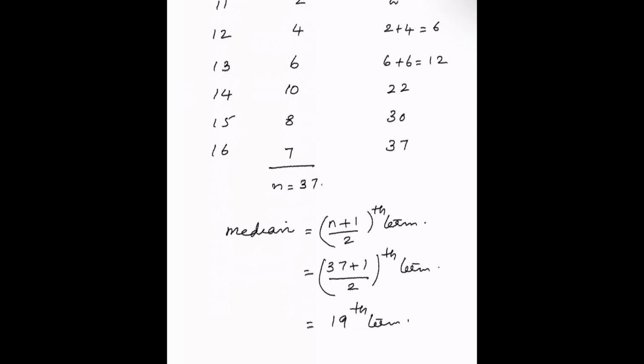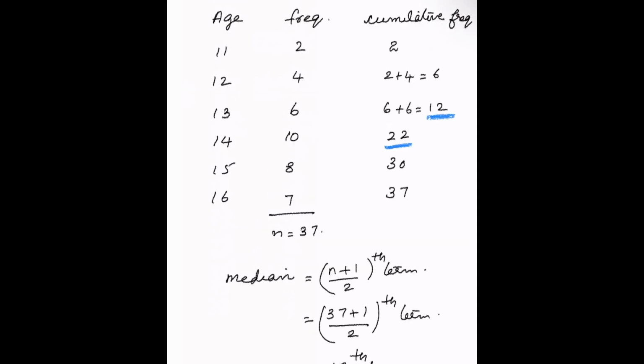So where does the 19th term lie? Up to 12, what is the age against 12? That's 13 years. If it was up to the 12th term, you could have said it is 13 years.